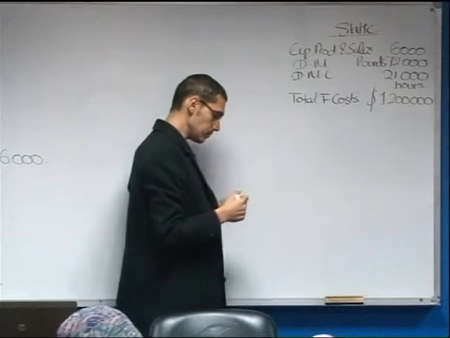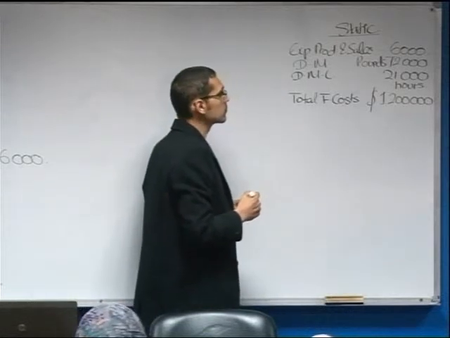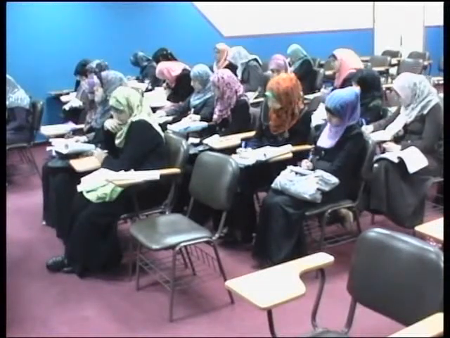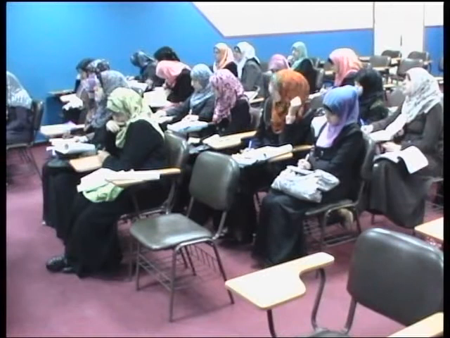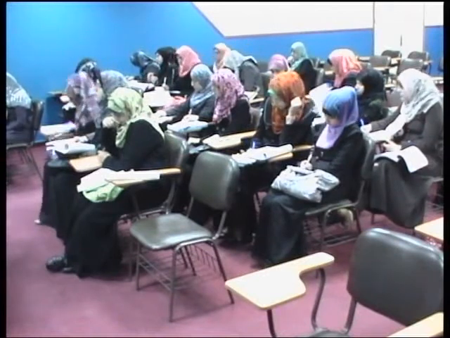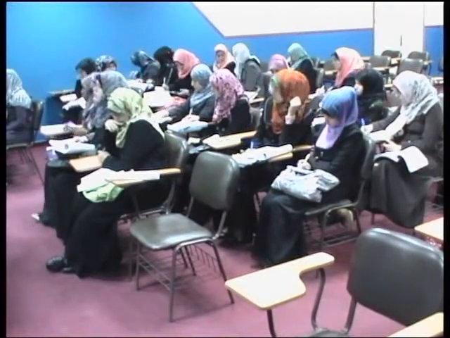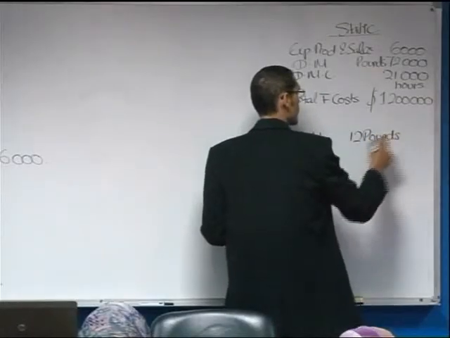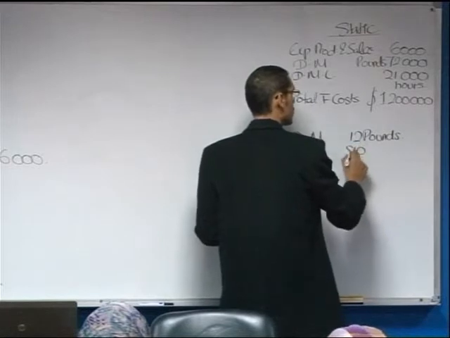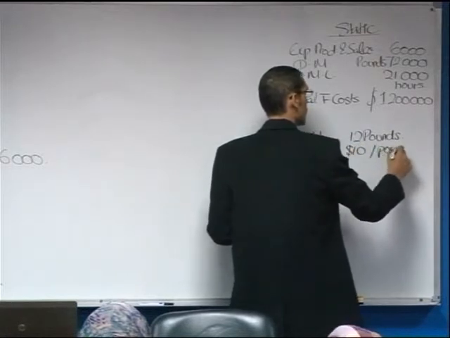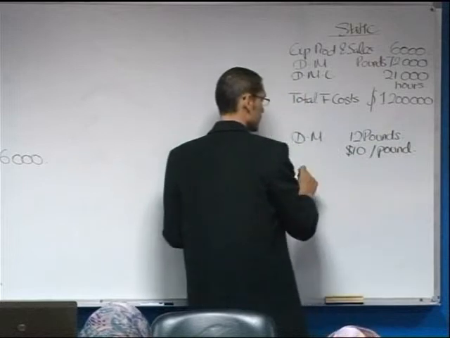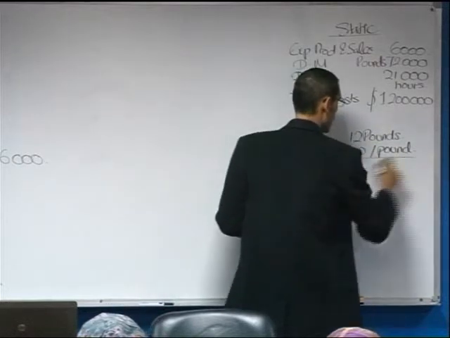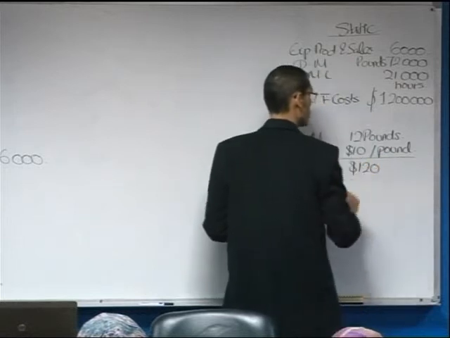Now what else? Standard quantity, standard price, and standard unit cost are followed for direct material and direct manufacturing labor. Direct material for standard quantity, 12 pounds, and for standard price, $10 per pound. And standard unit cost, $120. This is for the whole amount, of course, $120.